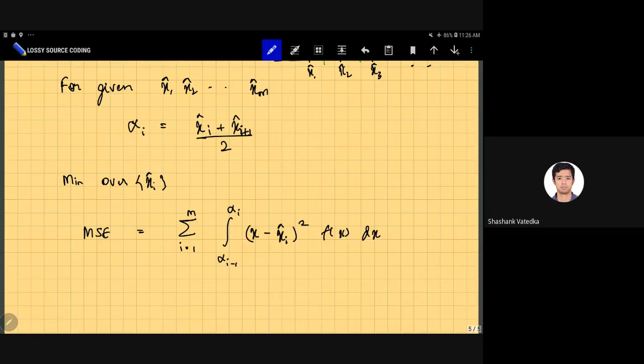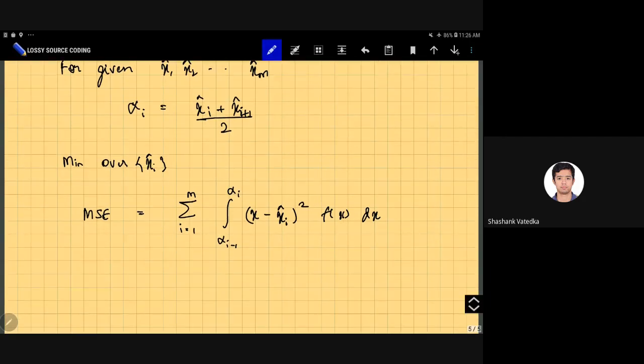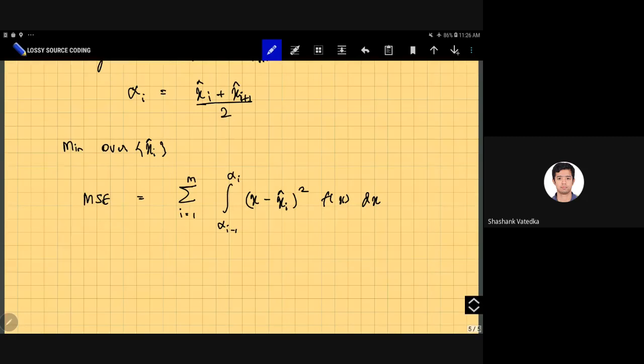Now let's try to minimize this over all possible xi hats. We treat this as a function of x1 hat, x2 hat up to xm hat.